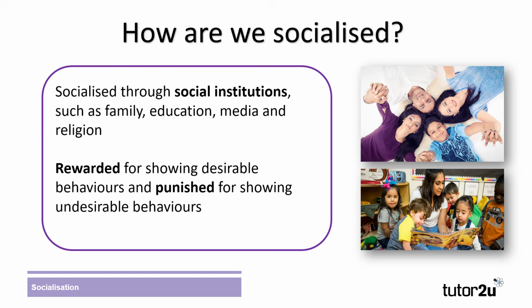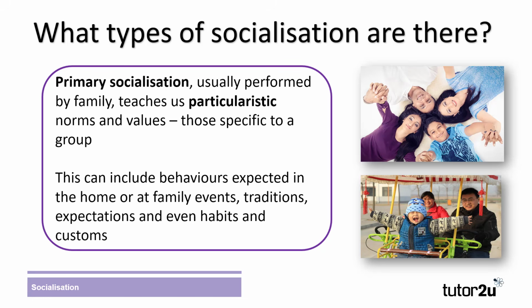There are, however, different forms of socialization. Primary socialization is usually performed by the family, and this teaches us particularistic norms and values, that is, the norms and values of a specific group, in this case, our family. Each family unit will pass on their norms and values to the next generation, and this can include behaviours expected in the home, for example, not wearing shoes indoors or not having screens at the dinner table.